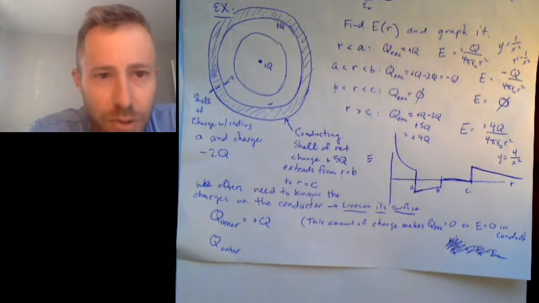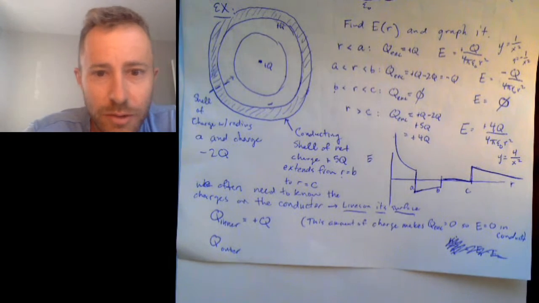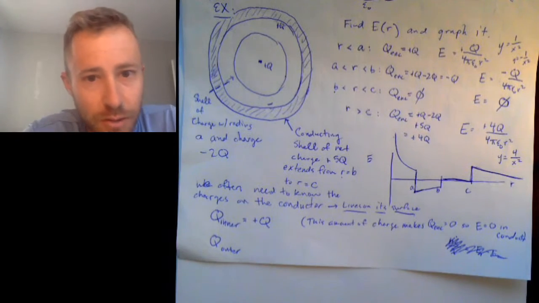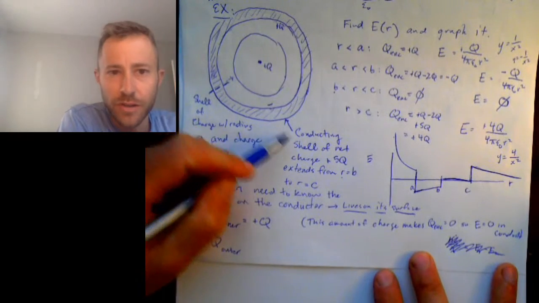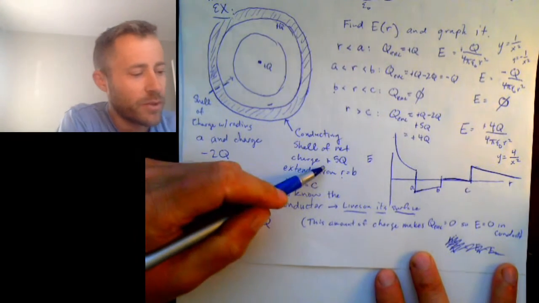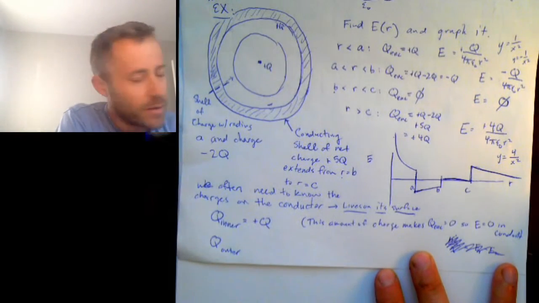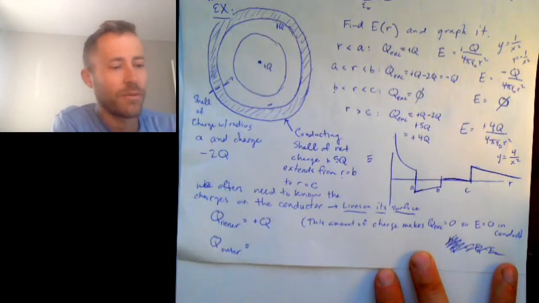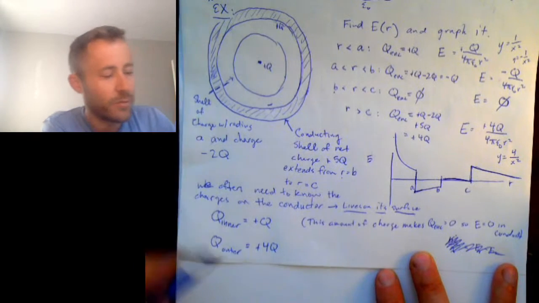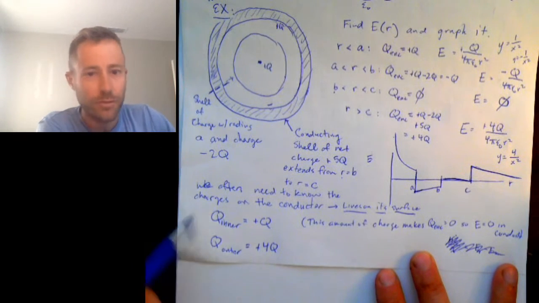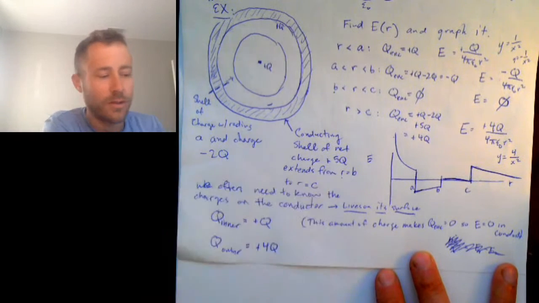Then, to get the amount of charge on the outer surface, you have to look at the net charge of the conductor. The net charge of the conductor is plus 5Q. So if the inner surface has plus Q, then the outer surface would have to have the rest of the charge, so plus 4Q. Because if we add up the inner surface and the outer surface, we get plus 5Q, which is what I said right here.